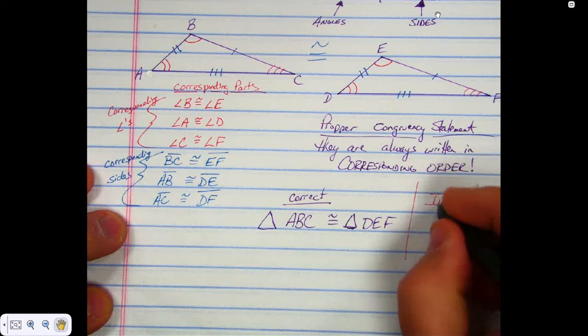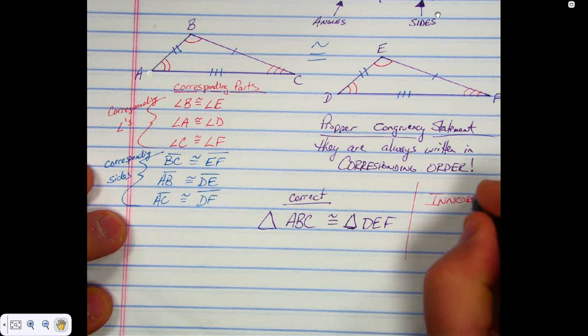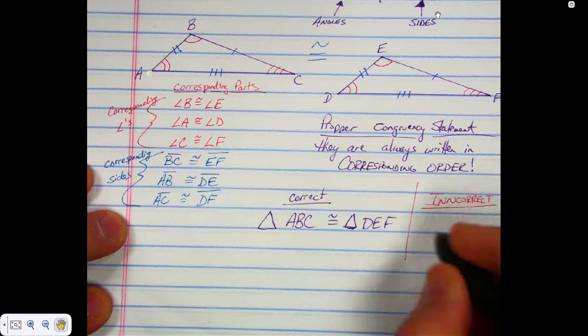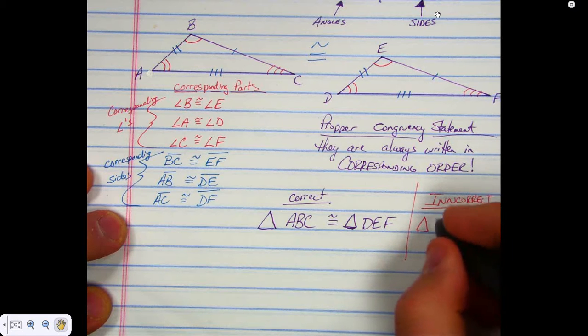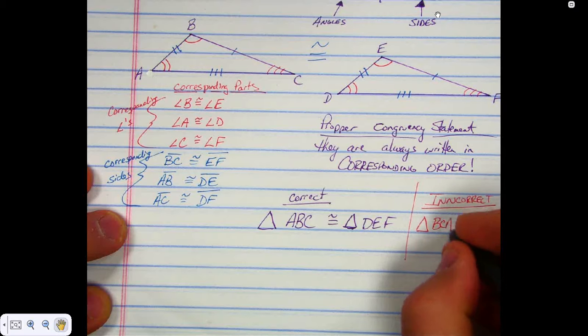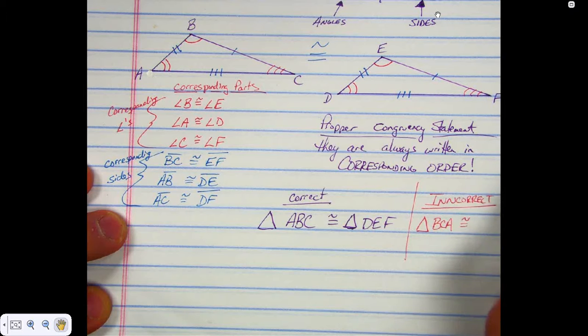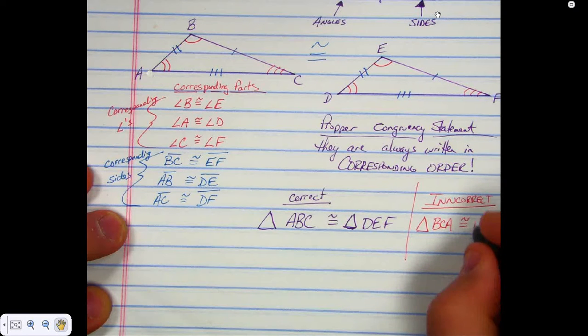And then I'm going to show you one over here that's what? Incorrect. Now see if you can tell the difference. Triangle BCA is congruent to triangle FED.